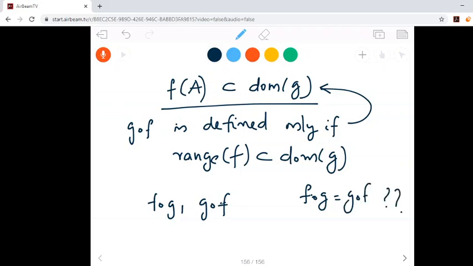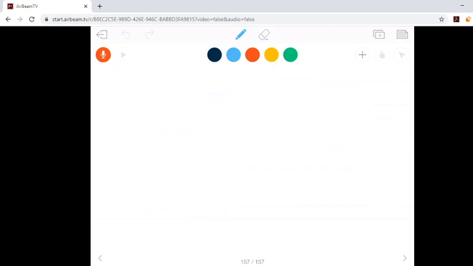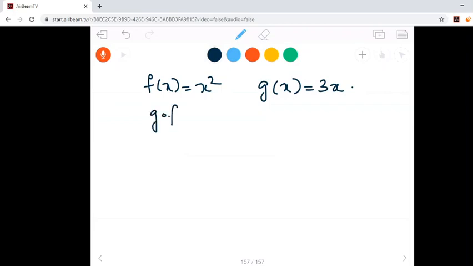may not be. For example, suppose I am taking f of x equal to x square and g of x is equal to 3x. Then what about g composite f of x? It is g of f of x, means g of x square.